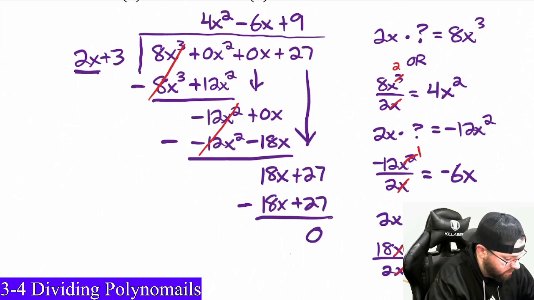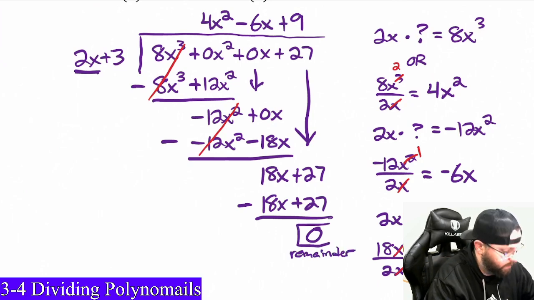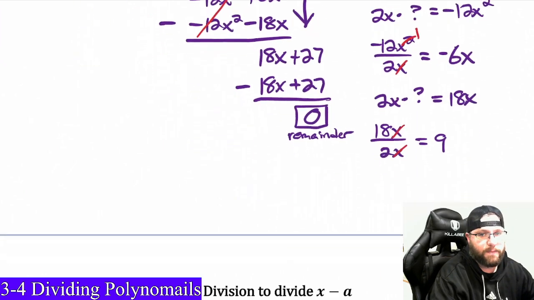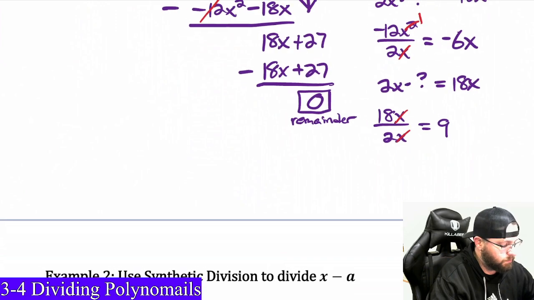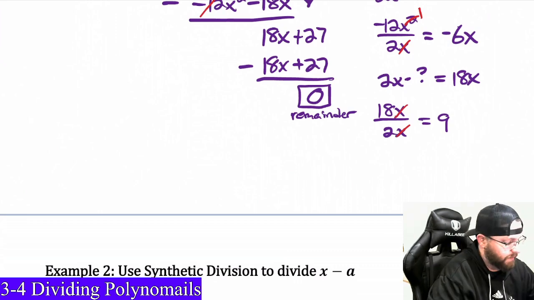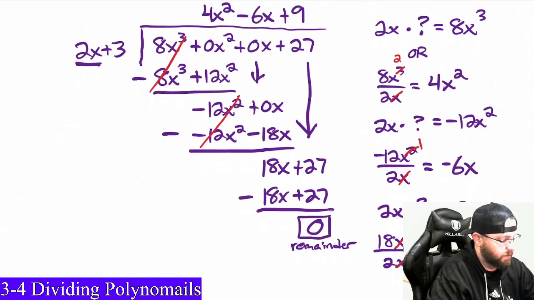And remember, this is our remainder. If we have a remainder of 0, that means that we do not need to worry about anything. That means that we have factored it completely, and the quotient is 4x squared minus 6x plus 9.